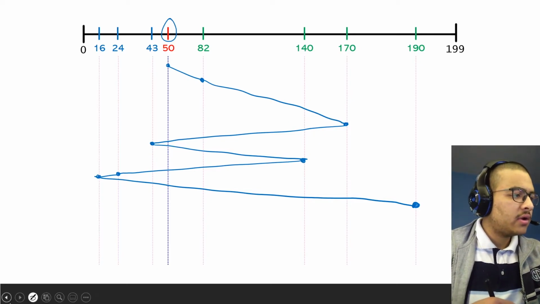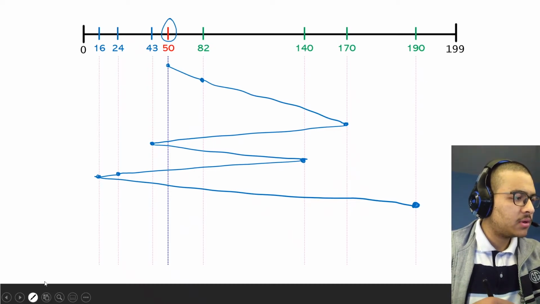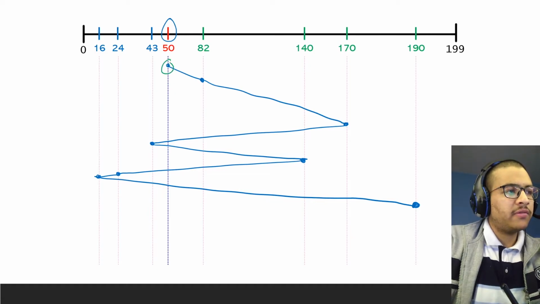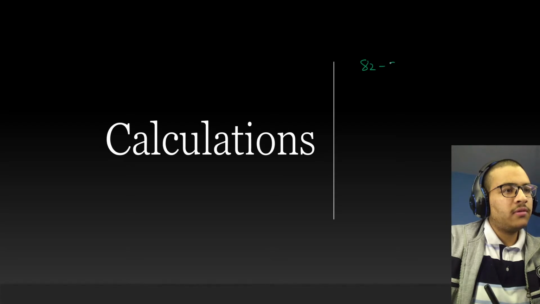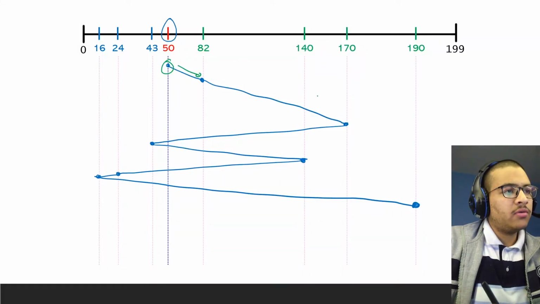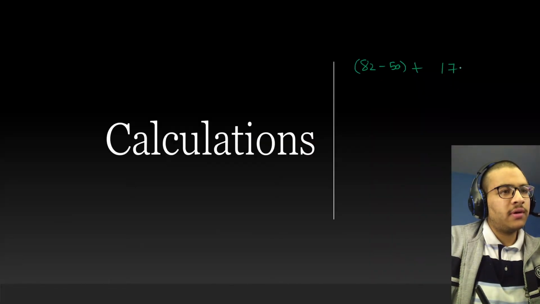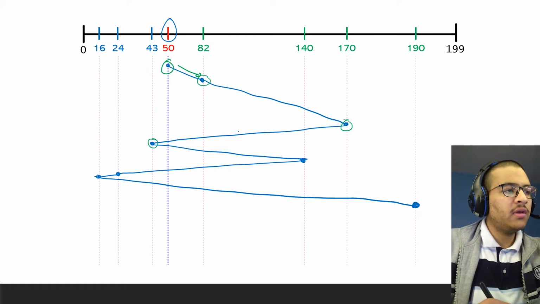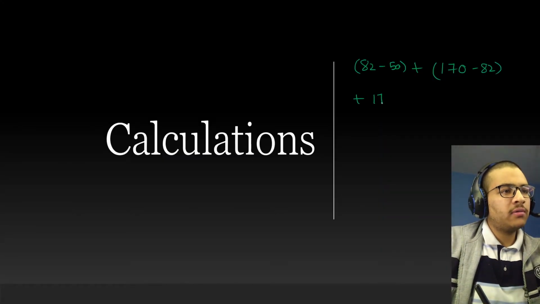If we want to calculate the total seek time for this particular question, we can do it as follows. First we are on 50, now we are going to 82, so we write 82 minus 50, plus, we are going from 82 to 170, so 170 minus 82, plus, then we are going from 170 to 43, but the seek time cannot be negative, so we write 170 minus 43.